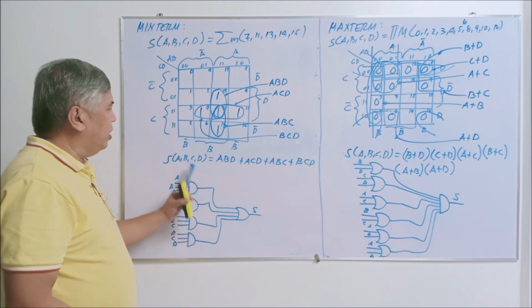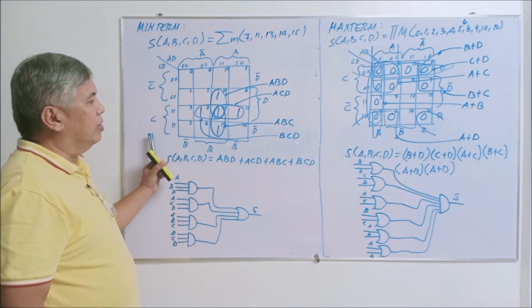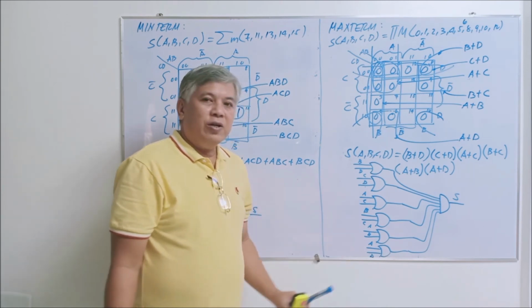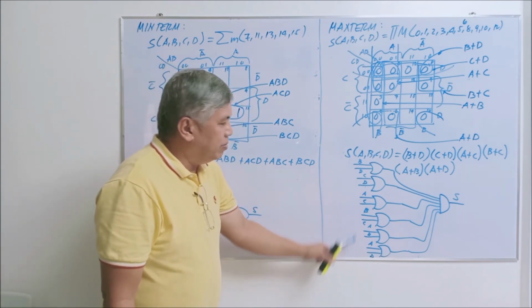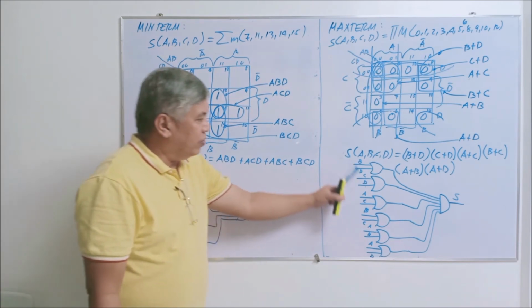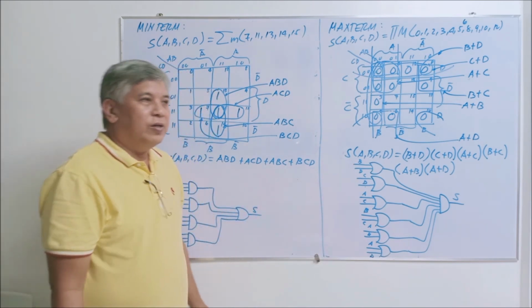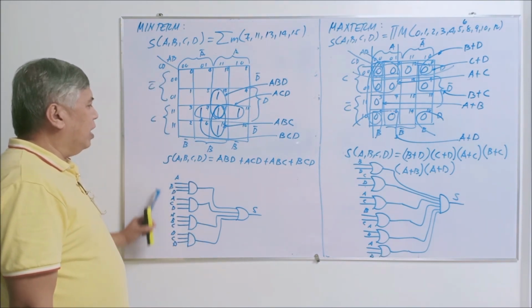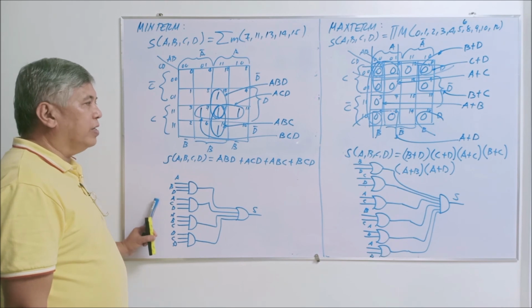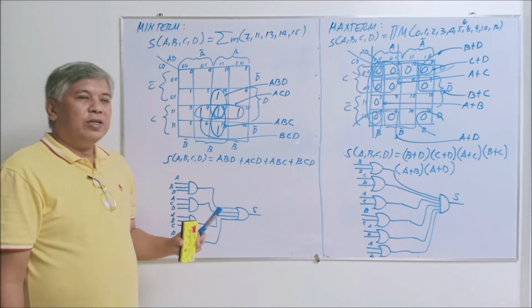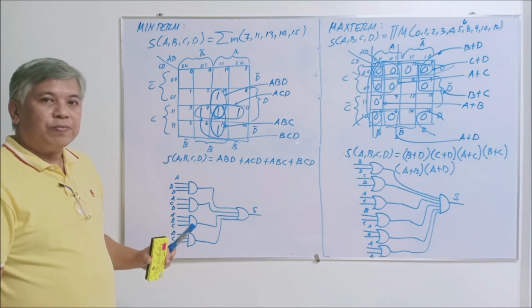So, instead of using the sum of product expression, we use the max term or the product of sum expression, because there are many OR gates available. But if you go to an electronic center and there are more AND gates available, then we will use the min term or the sum of product expression.